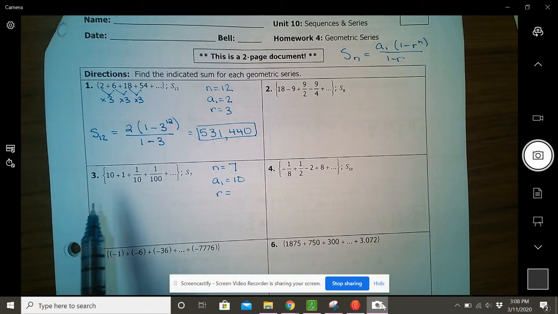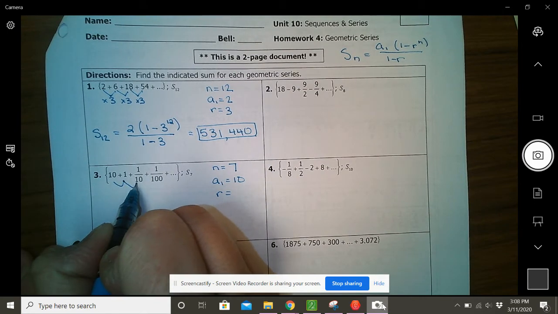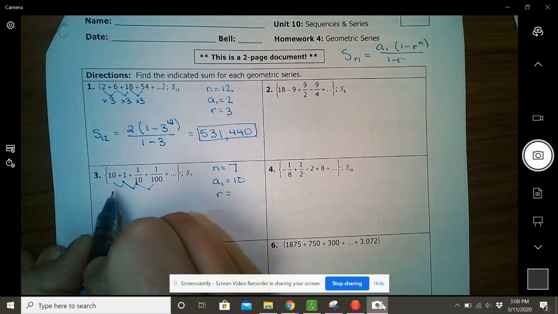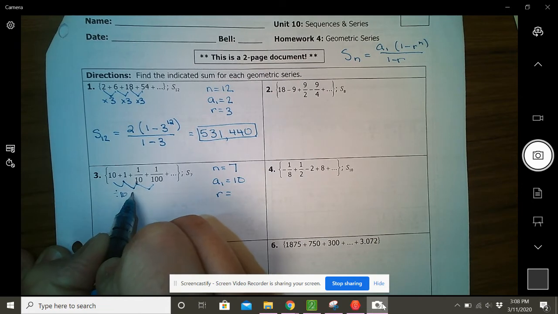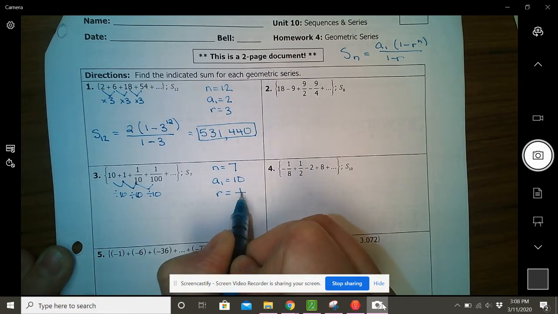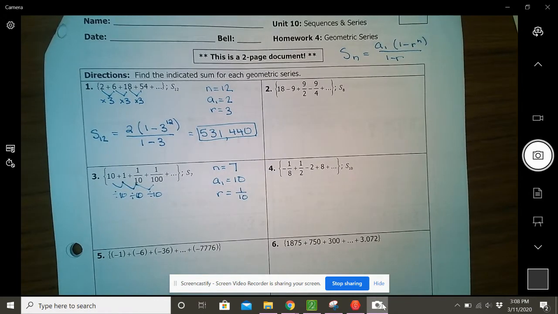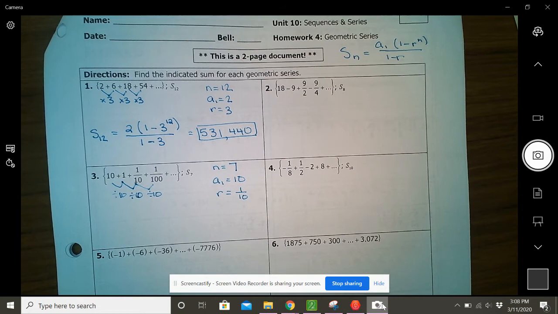So what's happening as this series continues to get from 10 to 1, or 1 to 1/10, or 1/10 to 1/100? I am dividing by 10 each time. So my common ratio is 1/10. Dividing by 10 is the same as multiplying by 1/10.